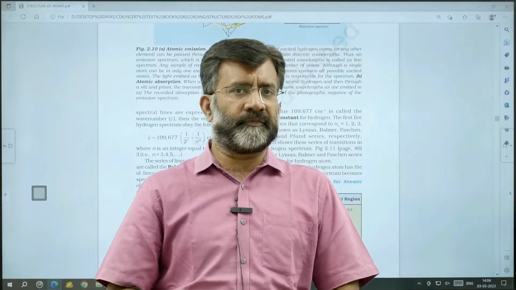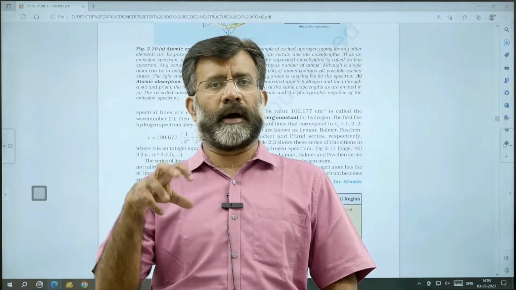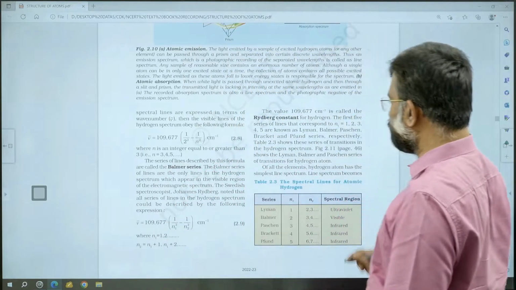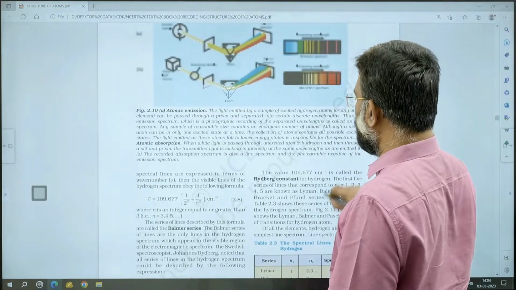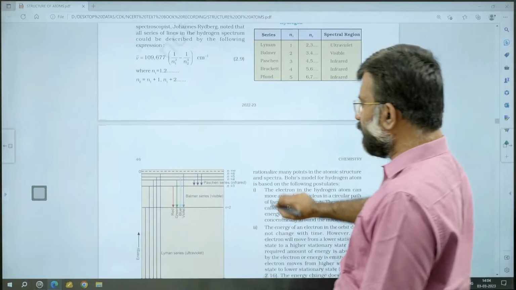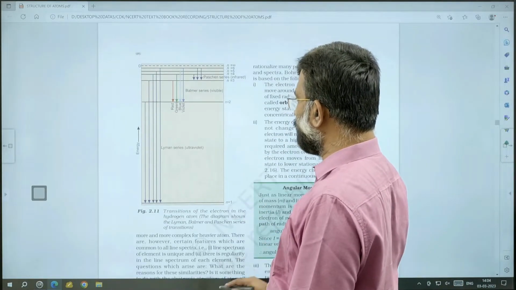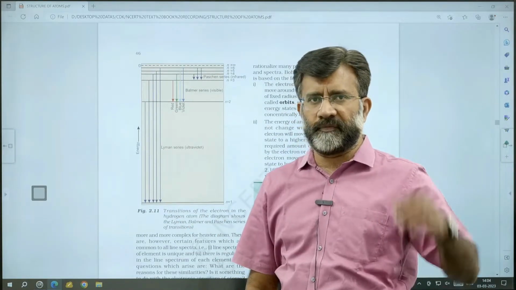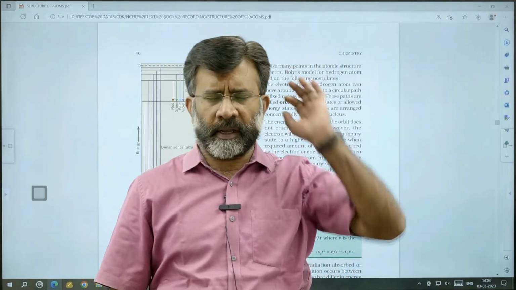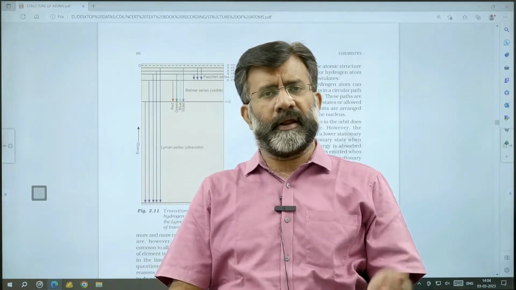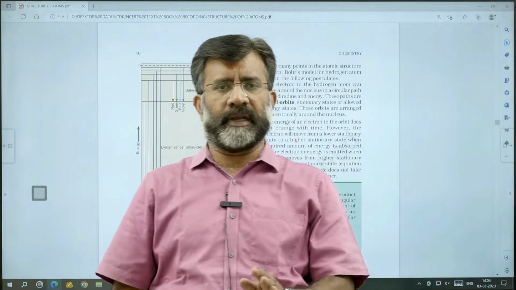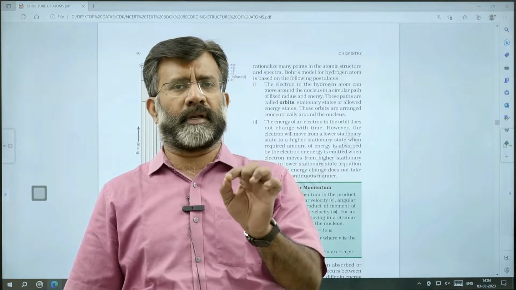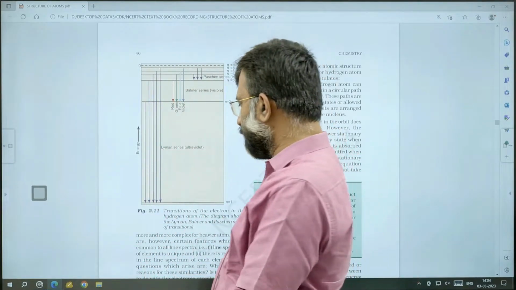Our special reference is the atomic spectra for the hydrogen atom. When we study atomic spectra in the hydrogen atom, this diagram is very important. Hydrogen atom gives different atomic spectra in different regions, mainly 3-4 important series of spectral lines.